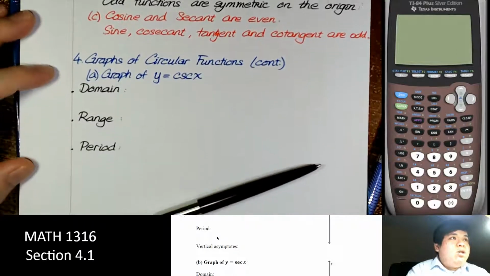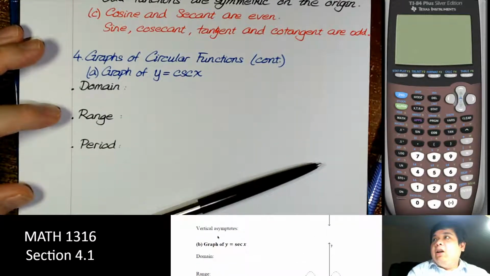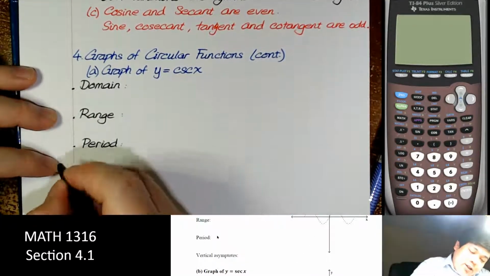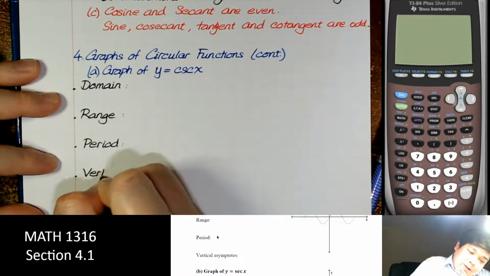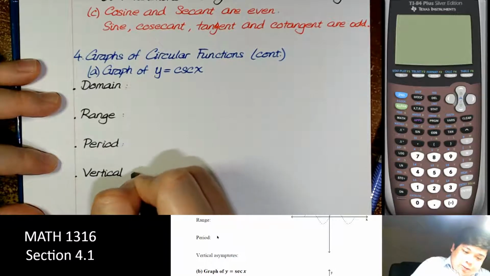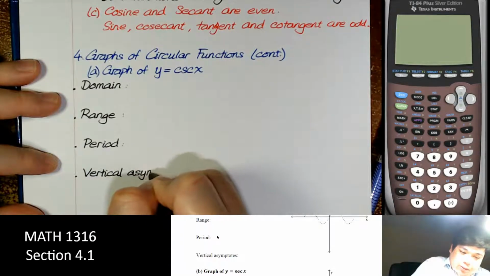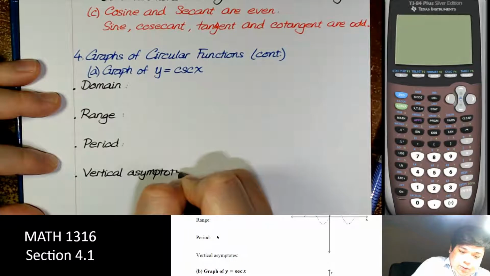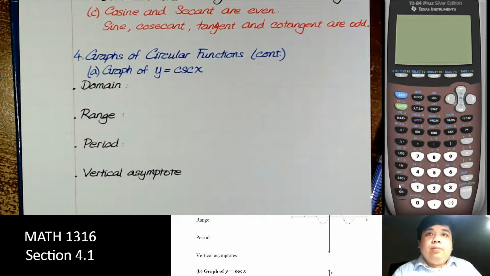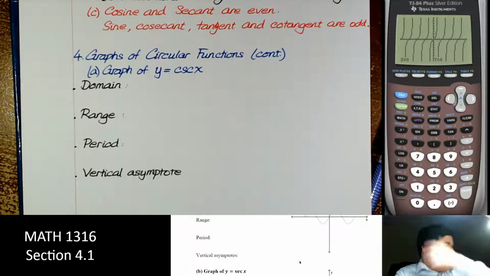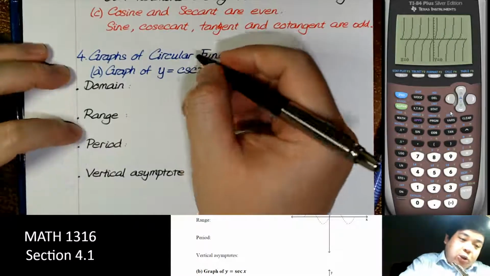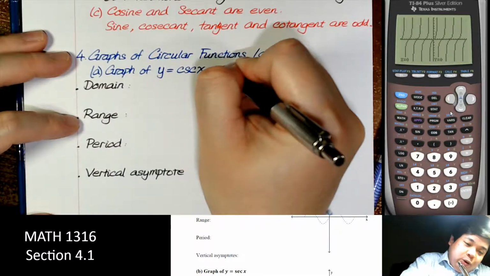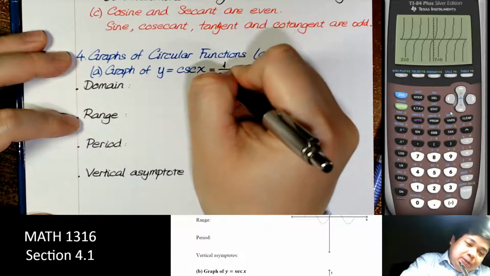Notice that there will be no zeros, just the vertical asymptotes. Notice that if we attempt to graph it on the calculator, there's no cosecant on the calculator. So we can only write that cosecant is 1 over sine.